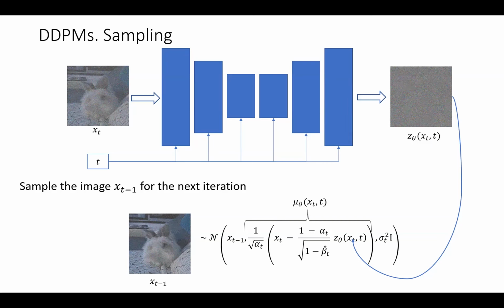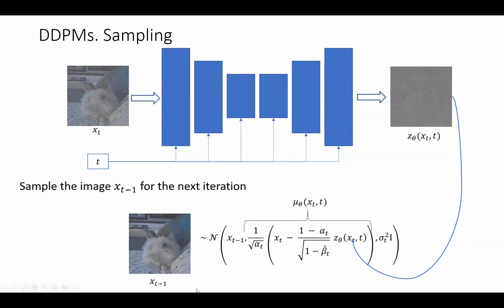It's a pretty simple process once you get it. Once the neural network is trained, we put in xt and we get z theta, and z theta goes here, and then we have this probability distribution, and we can sample from there, and that will become xt minus 1.